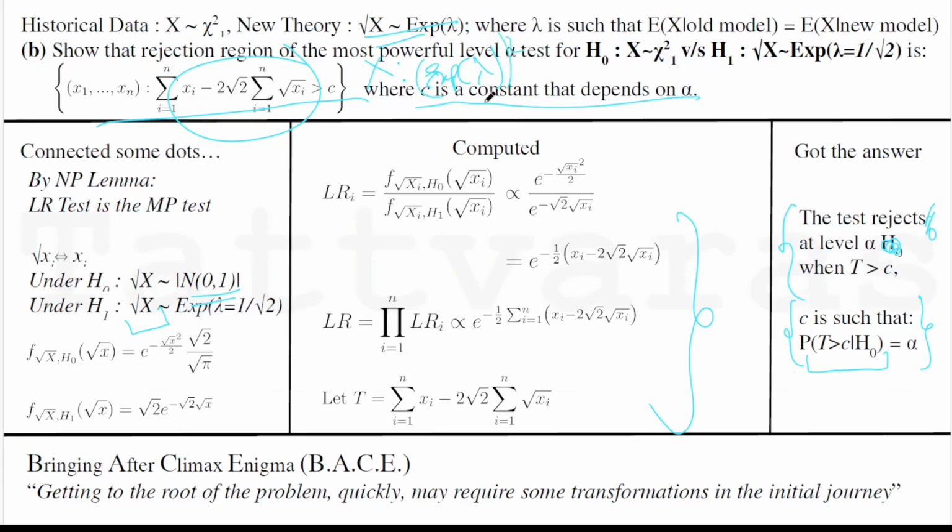And that may not have been very conventional for us to deal with compared to a folded normal distribution. So identifying the root in the problem helps us get to the root of the problem quicker. And we make the relevant transformation. In this case, this is the transformation to compute what we want to compute quickly.